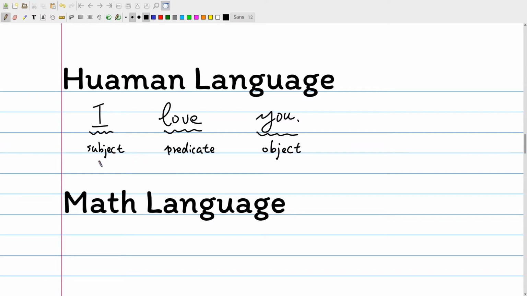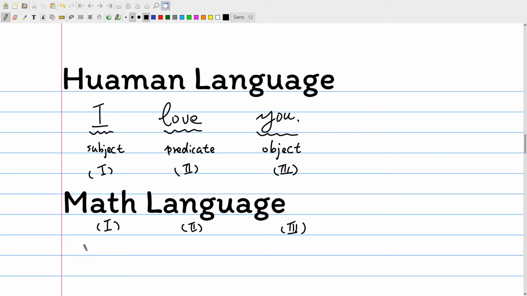We can also give them different names. Make it simple: just part 1, part 2, and part 3. We cannot see all English sentences like this, but this is the basic structure of a sentence. So the mathematical language, like the same thing, also has three parts: 1, 2, and 3.